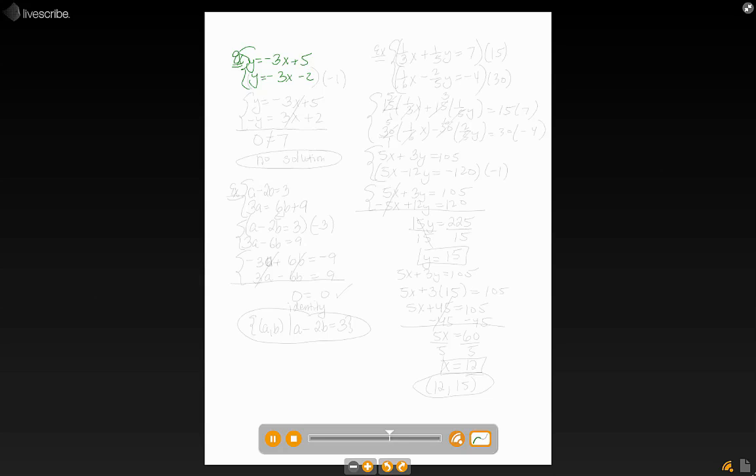There's that third example, and we want to use the elimination method, otherwise known as the addition method.